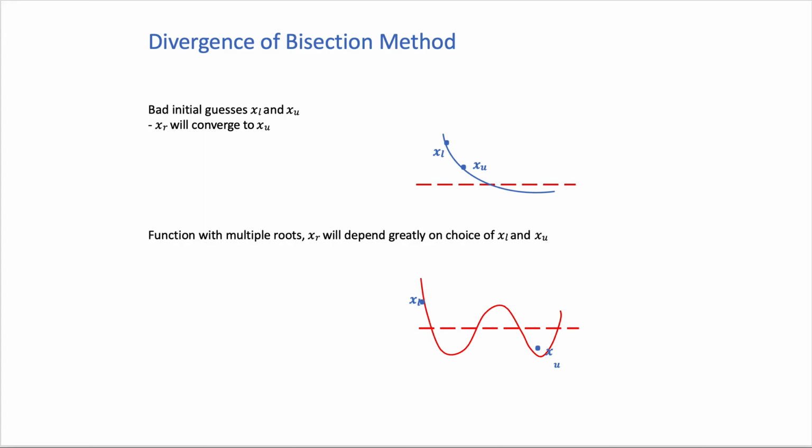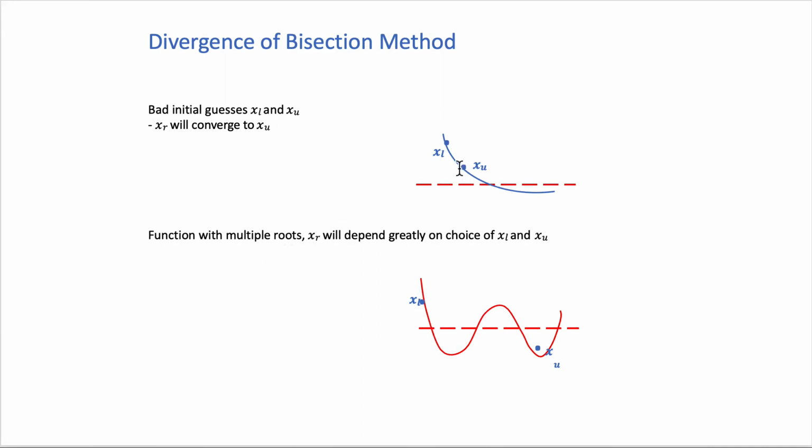So the only way that the bisection method can diverge, meaning it's not going to converge to the root no matter how many iterations you take, is if your initial bracketing, your initial guess for the x lower and the x upper, turns out to be wrong.